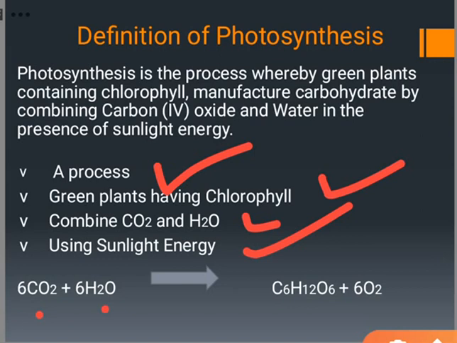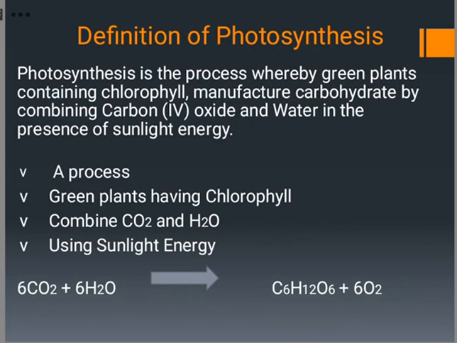So in the presence of sunlight energy and chlorophyll, the product, which is the carbohydrate, is produced with the liberation of oxygen. This oxygen eventually is given off.